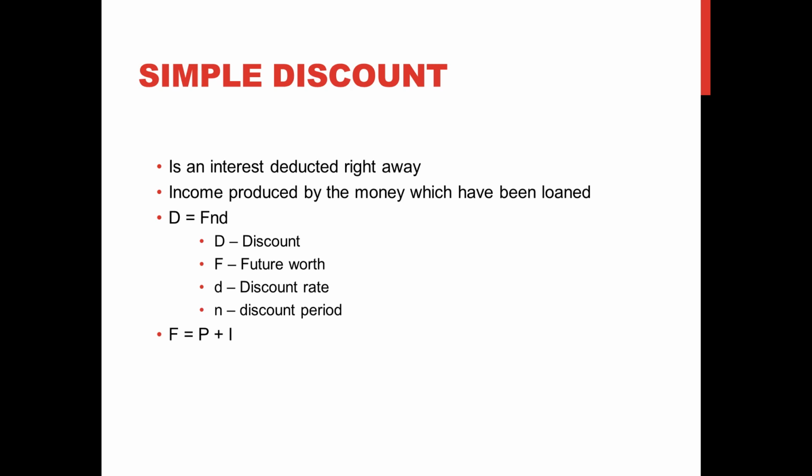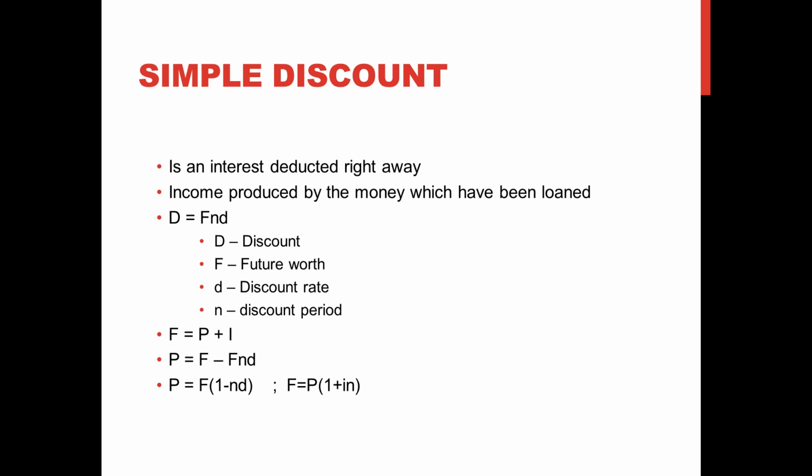From that, we have learned that F is equal to P plus I, or the principal plus the earnings, the money, I. Hence, rearranging terms and solving for P, P is equal to F minus FND. Look, for I, I substituted FND because I and D are the same. And then from that, we can factor out F here. Remember that F is equal to P times 1 plus IN.